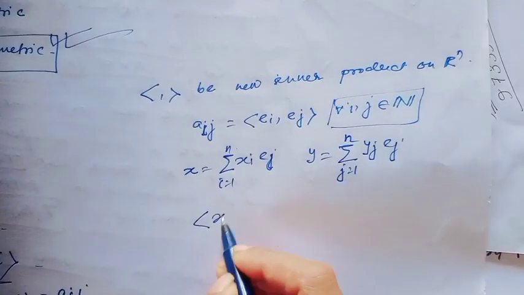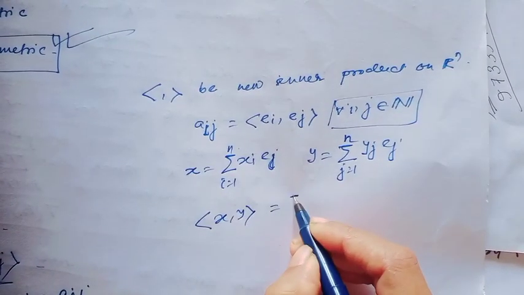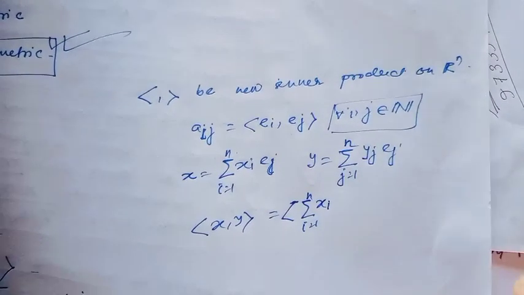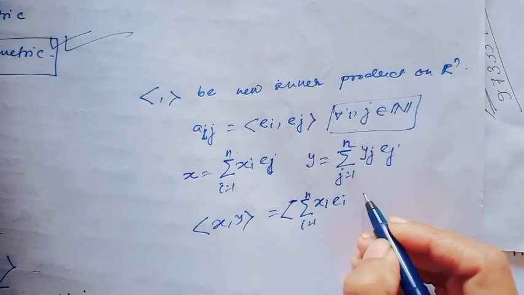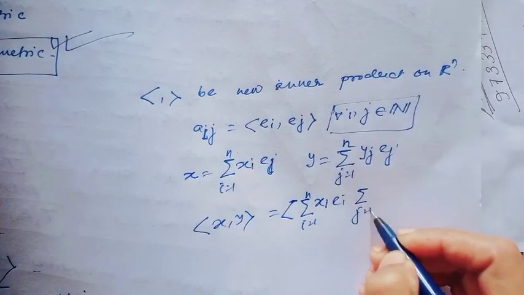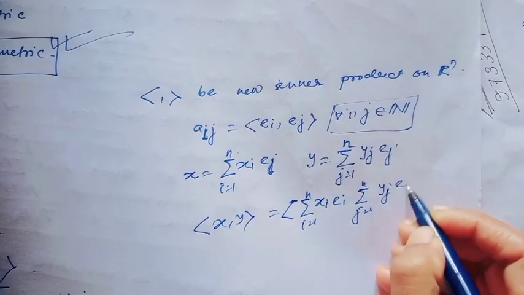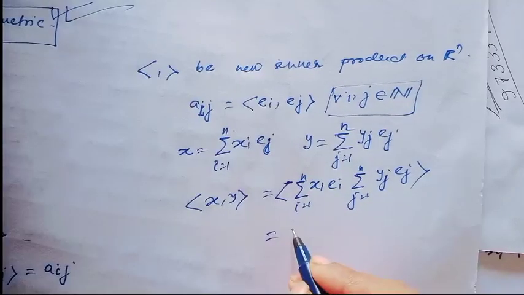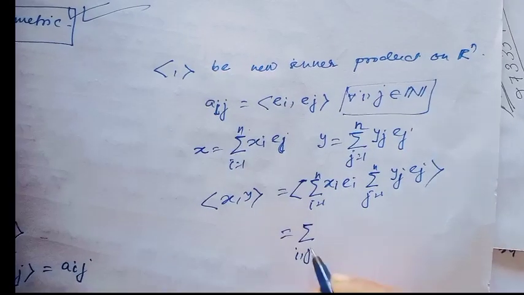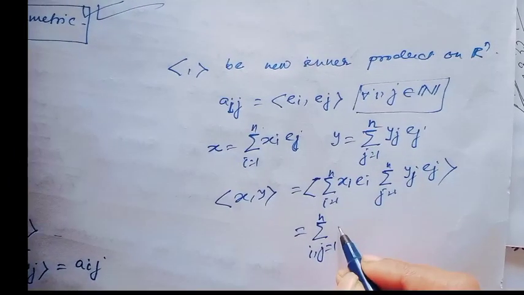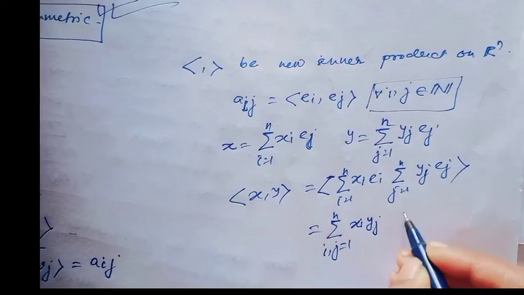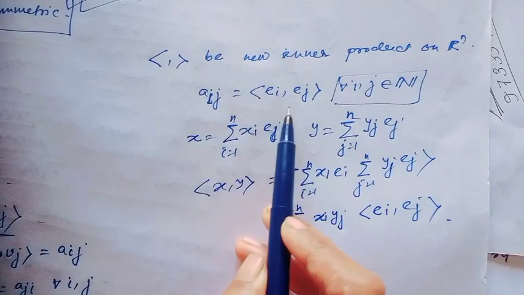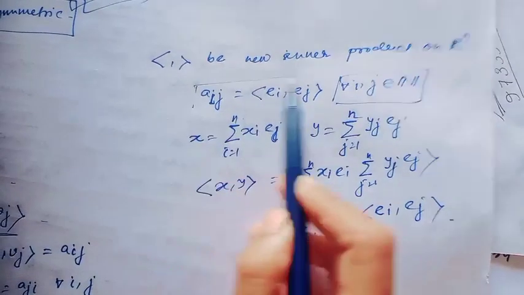Then the inner product of x with y would be summation i = 1 to n of xi ei and summation j running from 1 to n of yj ej. By the previous result, this is equal to summation over i, j running from 1 to n of xi yj ⟨ei, ej⟩. Consider the inner product of ei with ej equal to aij.